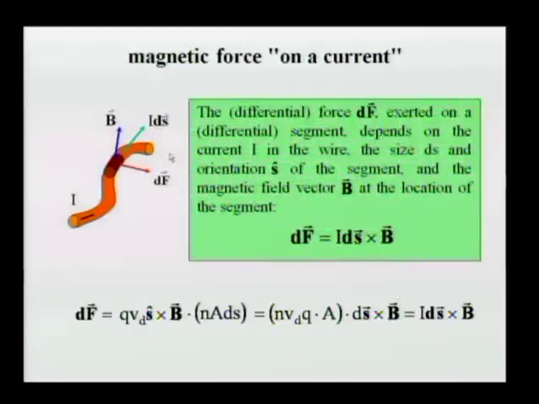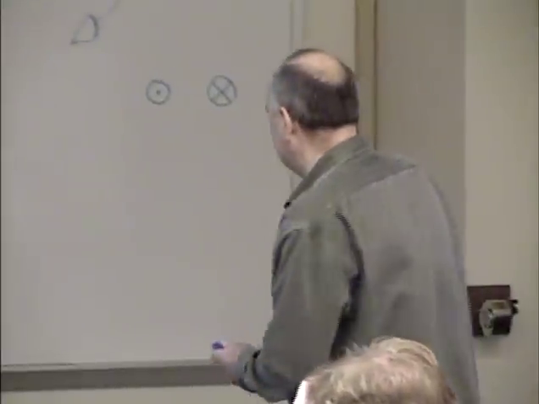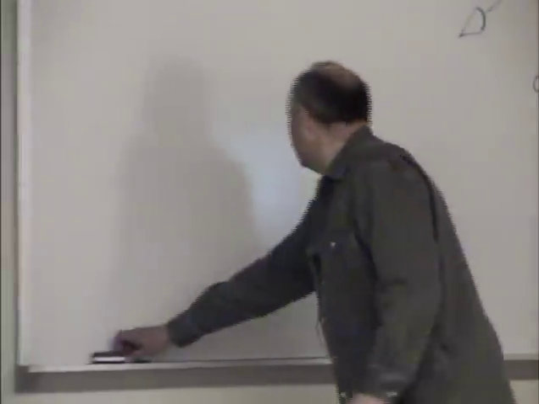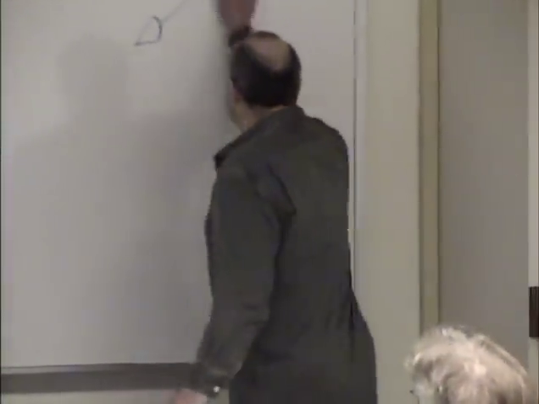So in conclusion, we derived here a very important formula for the force which is exerted on a differential piece of wire in a magnetic field. All right. Now let's use this formula to find out the force.